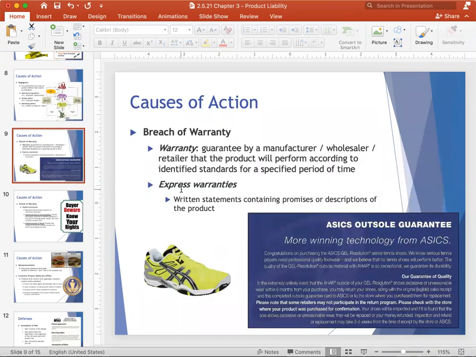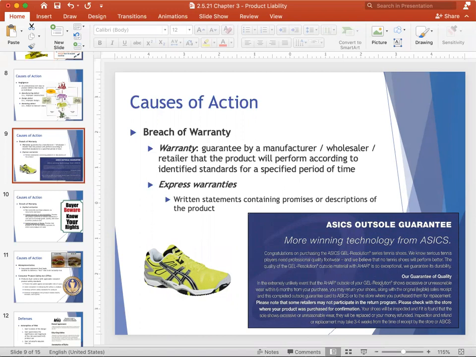Another cause of action is breach of warranty. So warranty is any type of guarantee or promise by the manufacturer, wholesaler, or retailer to the consumer purchasing the product that the product will perform according to industry standards for a particular amount of time.